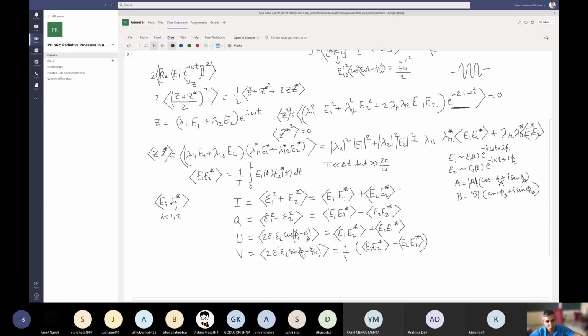So if two lights have the same Stokes parameters, they are indistinguishable by the instruments that you're using. This means that if your frequency is very fast, whether you have frequency omega or 2 omega, your measurement instrument cannot distinguish between them if it is averaging over many periods.